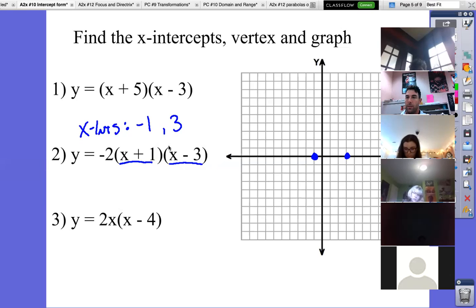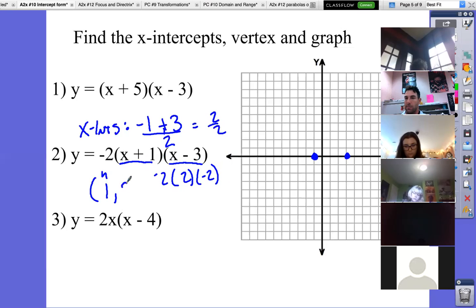Okay. So to find your vertex, you just add them together, divide by 2. So my H value is +1. Plug it back in, and I've got -2 times 1 + 1 is 2, 1 minus 3 is -2, and multiply them all together. -2 times 2 is -4, times -2 is +8.